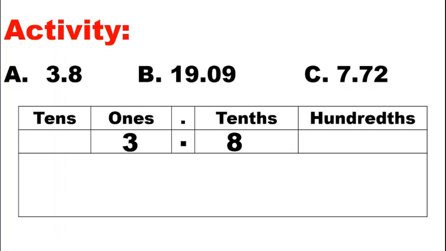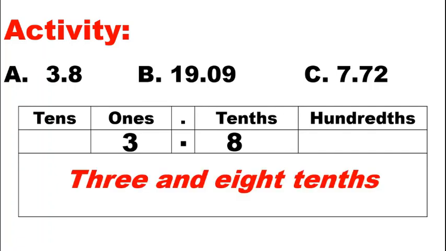After it would be the last place value. Let's start with our ones: 3, decimal point, and next is 8 tenths. That's right.